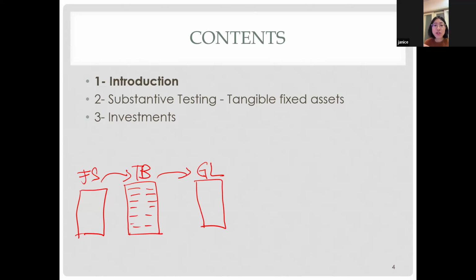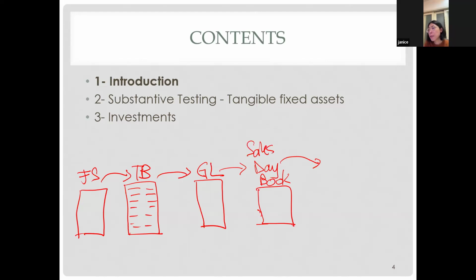The general ledger would list down the different activity per account, and the general ledger comes from the day book. And the day book comes from the initial document. For example, if it's a sales, the amount comes from the sales day book.